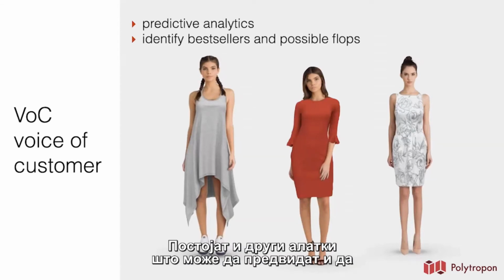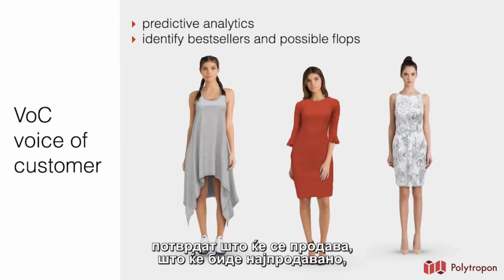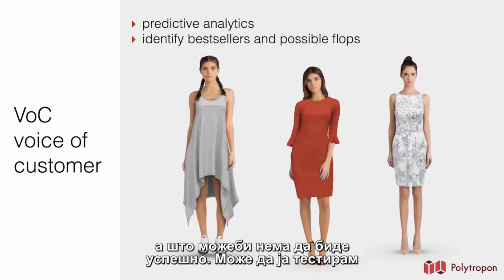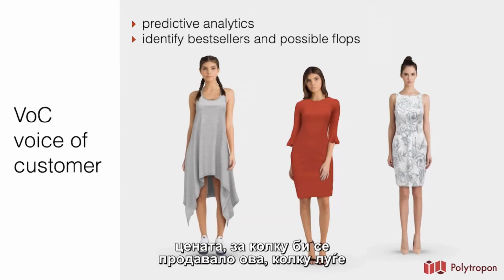When I have this, there are other tools I can use to predict and verify what will sell, where my best sellers will be, and what my possible flops would be. And I can test things like pricing: how much would this sell for? How many people would buy this at this price? All of this comes from starting with a 3D digital prototype.